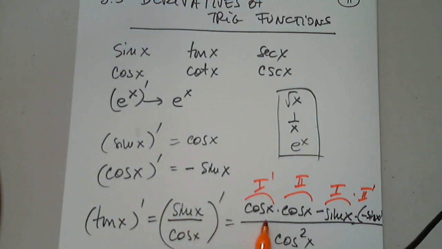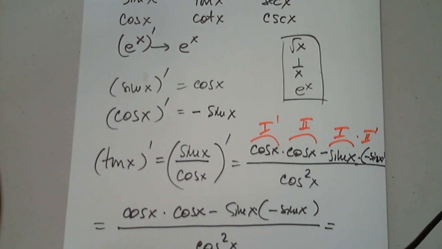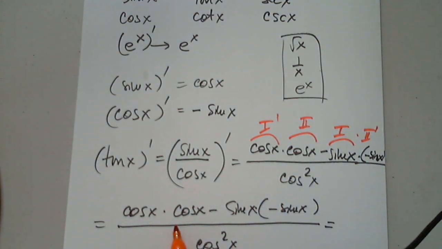Right. 1 prime is cosine, then I copy the denominator. Then minus, I copy the numerator, but I have to differentiate the denominator. So cosine times cosine is cosine squared, and negative sine x times negative sine x is positive sine squared.